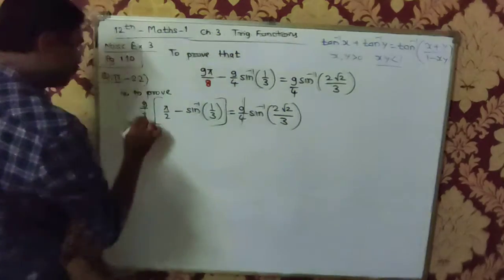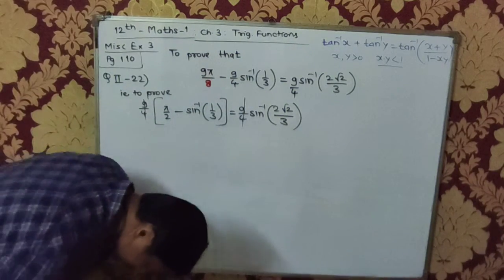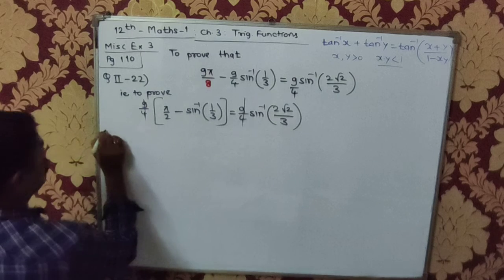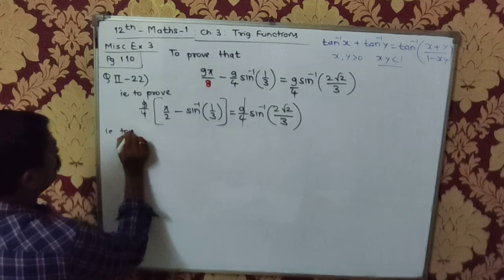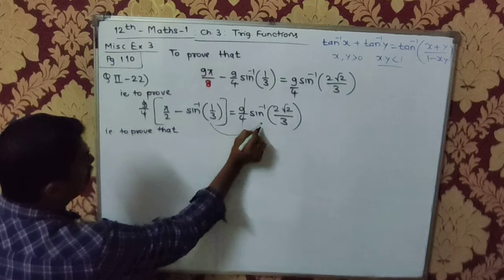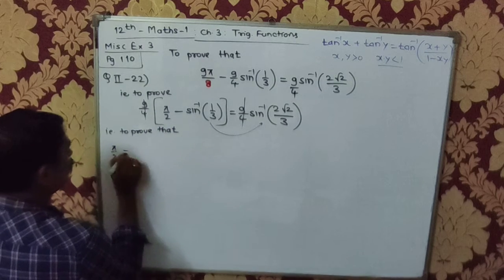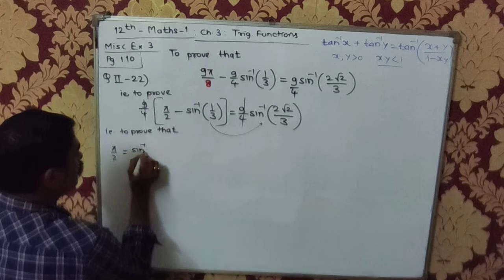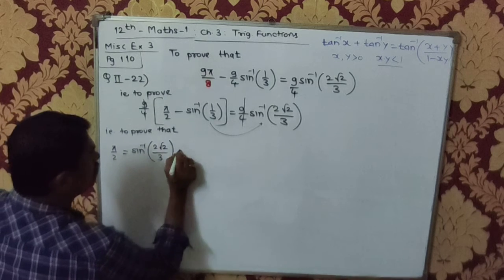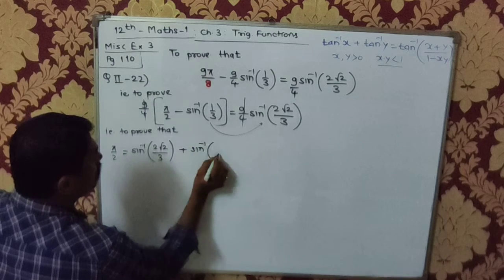And I'll cancel 9/4 on either side. Now I have to prove this. That is to prove that, I'll transfer this on the other side. So this is pi by 2 is equal to sine inverse of 2 root 2 upon 3 plus sine inverse of 1 upon 3.